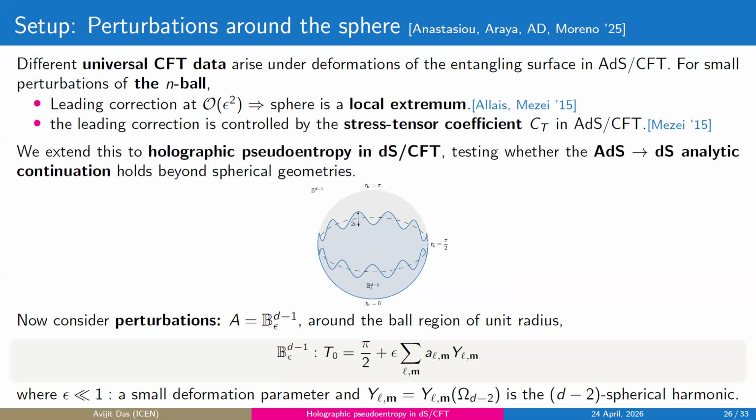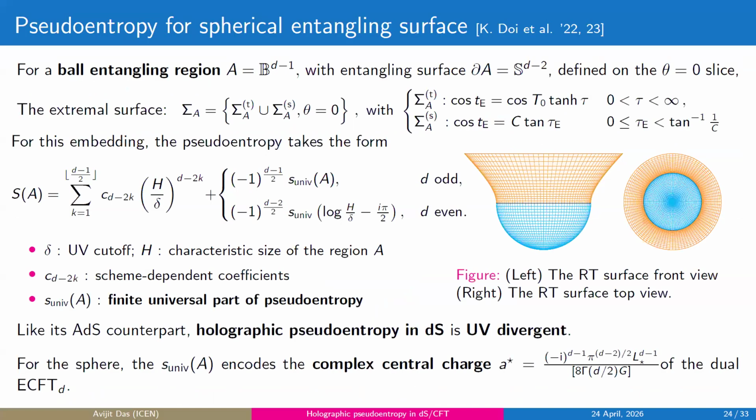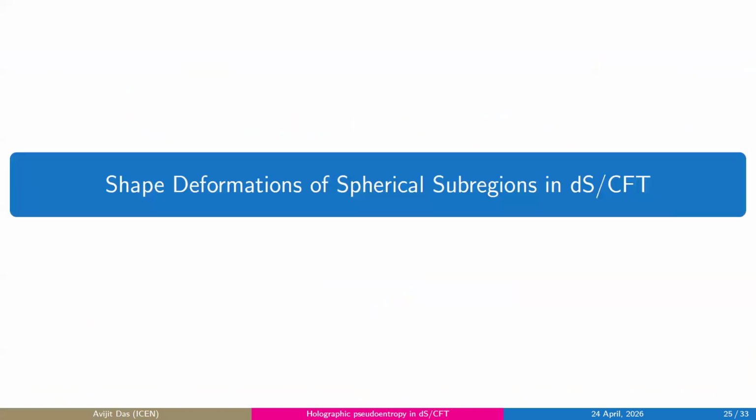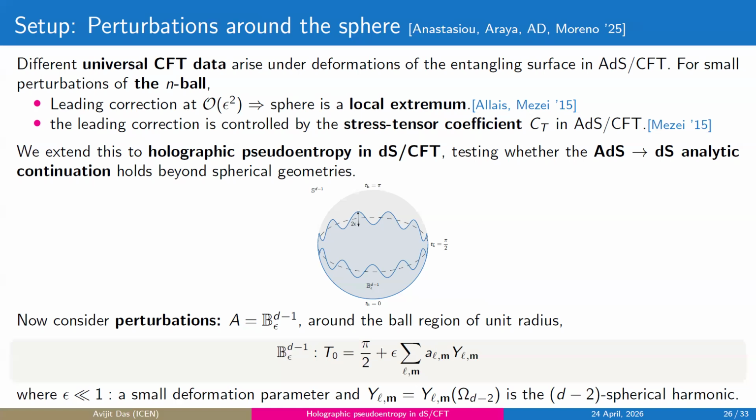What we basically want to do is extend this AdS/CFT calculation to dS/CFT, for the pseudoentropy, and test whether the analytical continuation from AdS to dS still holds for the deformation. Because we have shown that for a spherical region, the analytical continuation holds. The central charge is basically the analytical continuation of AdS. We want to see whether this C_T, the 2-point coefficient of the stress tensor, is still analytically continued in this case.